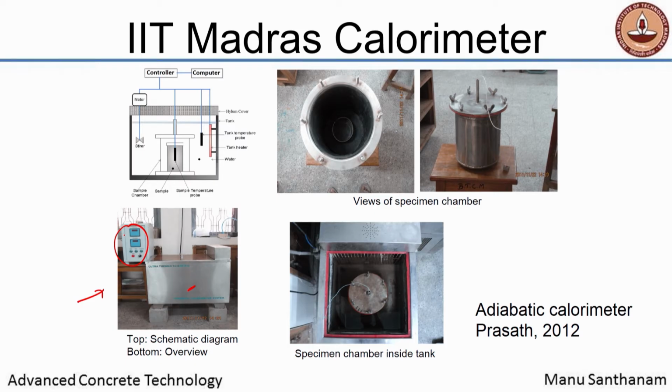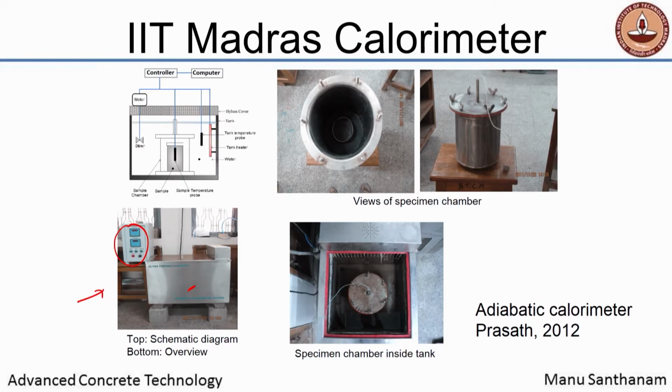Now, what we need to ensure here is that while we are measuring the concrete temperature, the water tank surrounding the concrete also has to start getting heated up at the same temperature. So, there is sensing of the temperature in the concrete, there should be sensing of the temperature in the water tank, and there should be some circuit to start the heating of the water tank every time there is a difference in temperatures of the concrete and the water tank. That is essentially what is being done in the system.